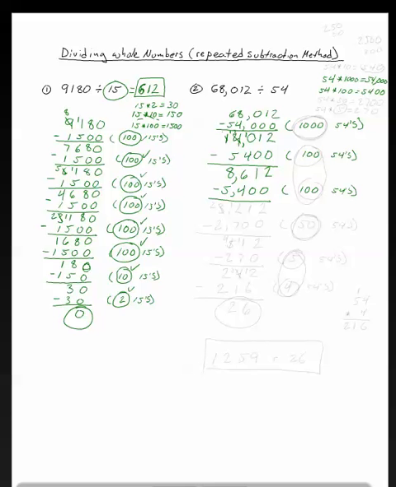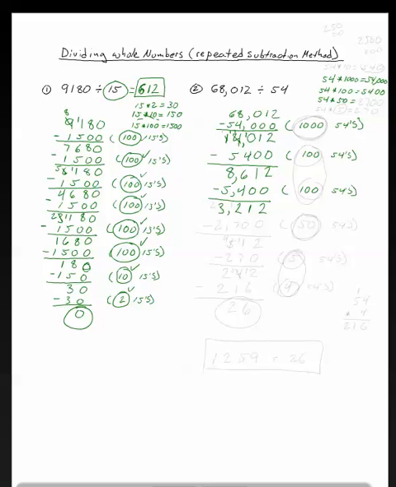So now I've got 2 minus 0 is 2, 1 minus 0 is 1, 6 minus 4 is 2, and 8 minus 5 is 3. So I've got 3,212. I can't subtract 5,400 from that. But what I can do is go back up here and know that if 54 times 100 is 5,400, then 54 times 50 is half of 5,400.